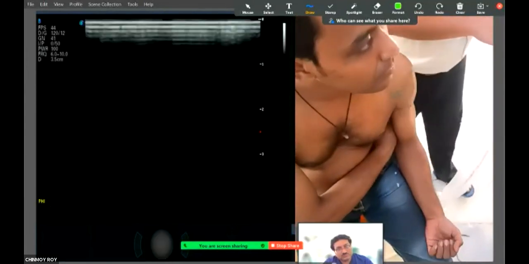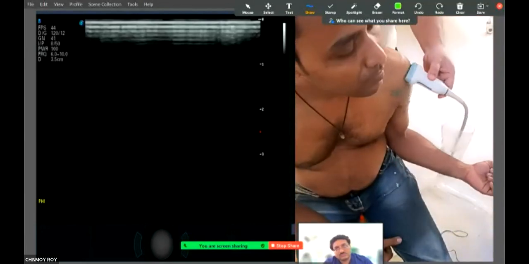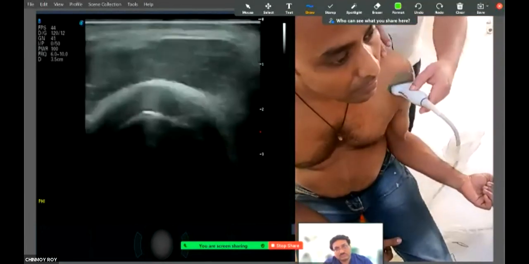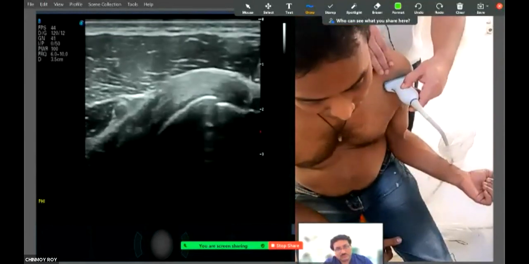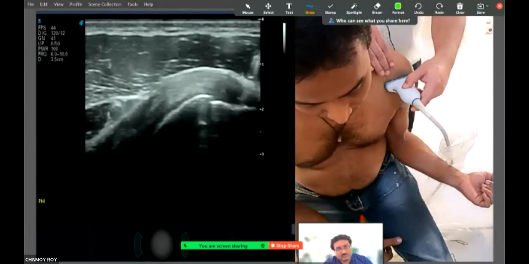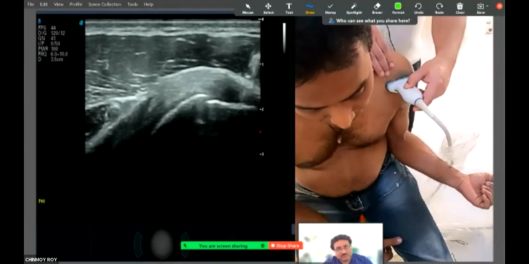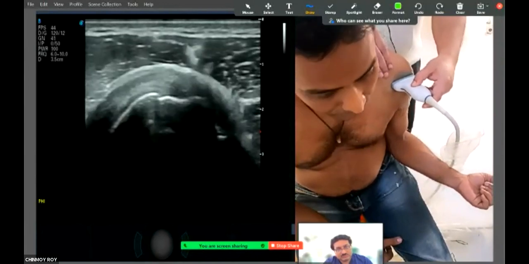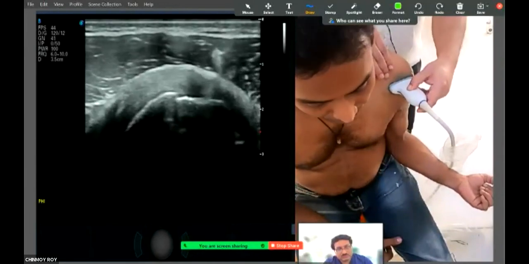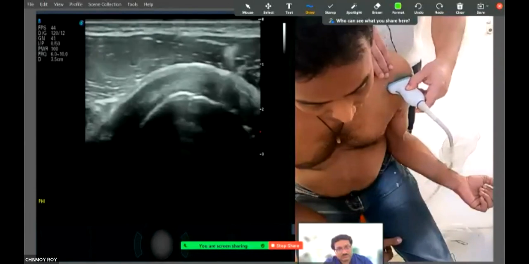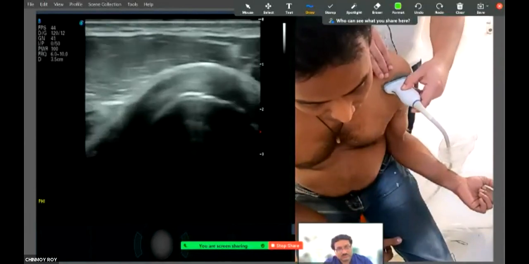But here this is a chronic thing. He doesn't have that complaint. So this subscapularis muscle we have seen. Always while seeing, you have to see the tendon and also the bony contour.